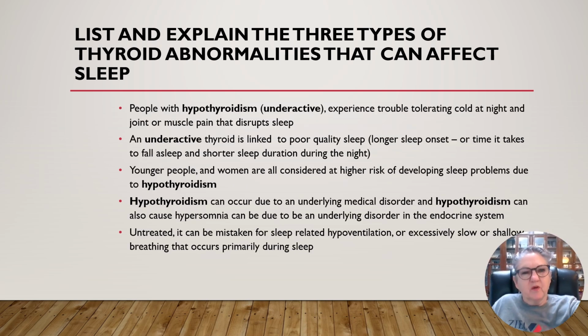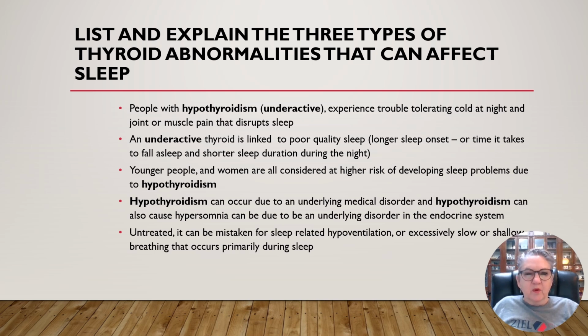People with hypothyroidism, or underactive thyroid, experience trouble tolerating cold at night and joint or muscle pain that disrupts sleep. An underactive thyroid is linked to poor quality sleep, which means longer sleep onset, or the time it takes to fall asleep, and shorter sleep duration during the night.